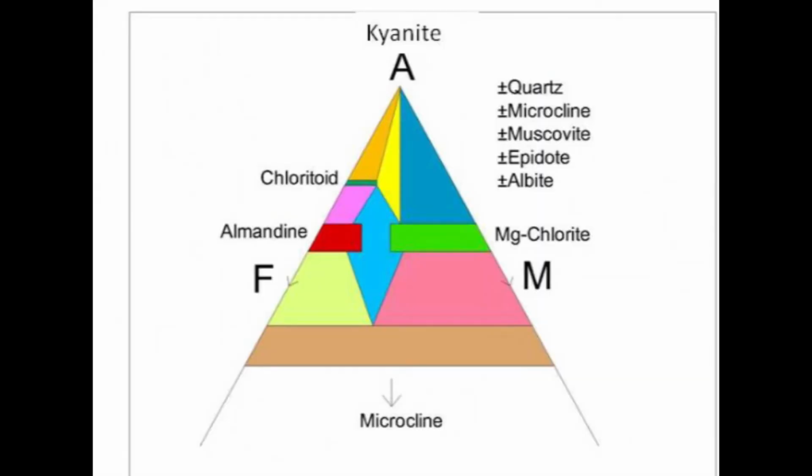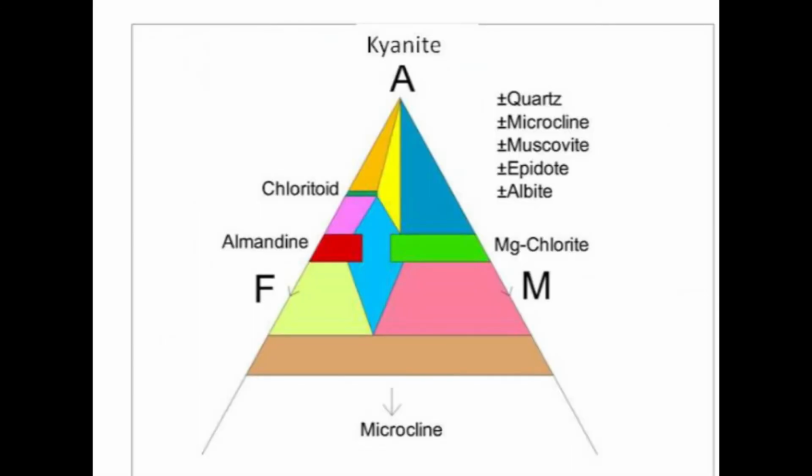Second assemblage is your kyanite, chloritoid, almandine plus or minus epidote plus or minus muscovite plus or minus albite and plus or minus quartz, also known as kyanite chloritoid almandine schist. And third assemblage is your chloritoid plus almandine plus or minus epidote plus or minus muscovite plus or minus albite plus or minus quartz, is also known as chloritoid almandine schist.